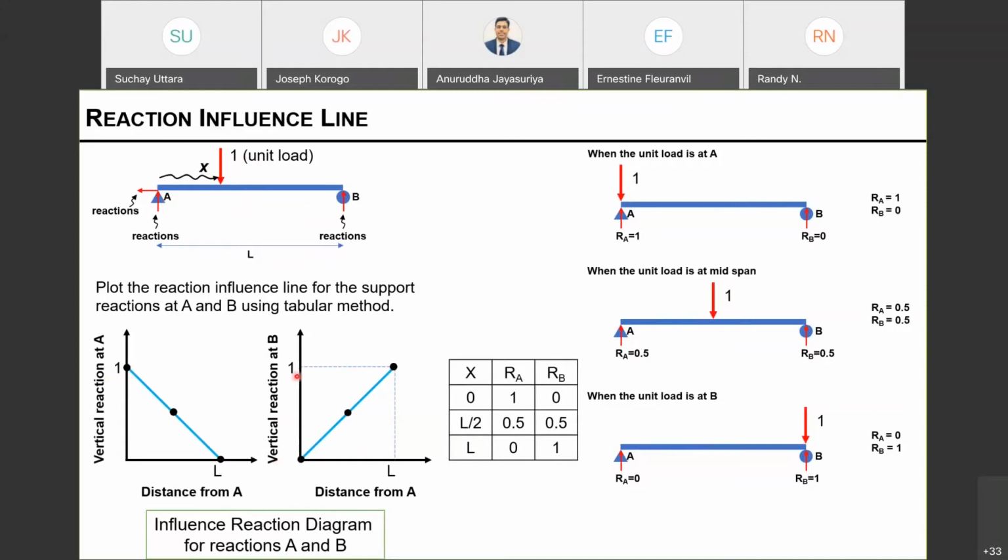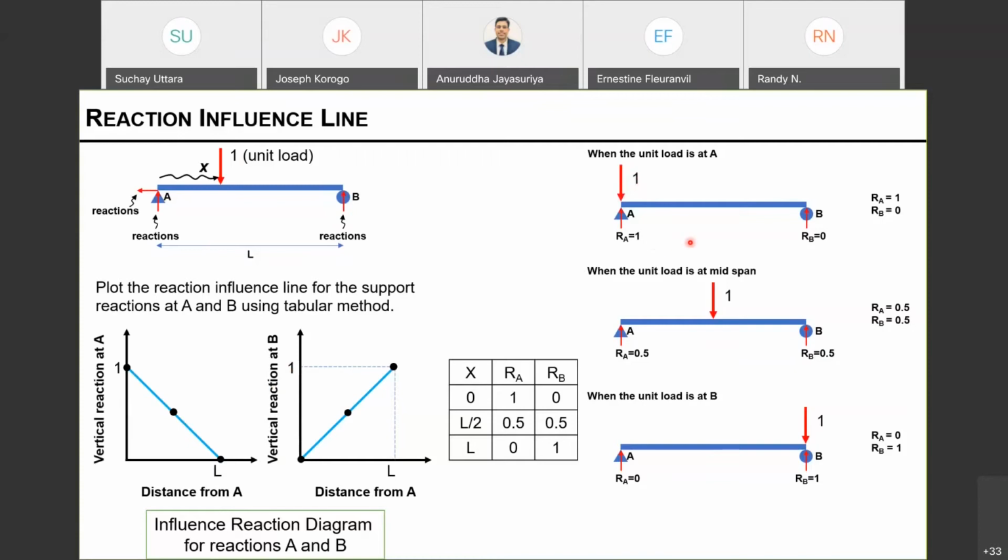These values will be scaled up by 10 times, because we ran this moving load considering that this magnitude is 1 unit load. If we have 10 kilonewtons, then this 1 is multiplied by 10 kilonewtons.